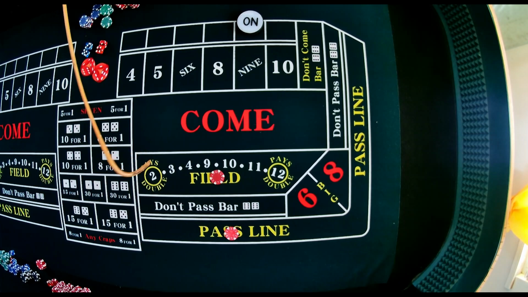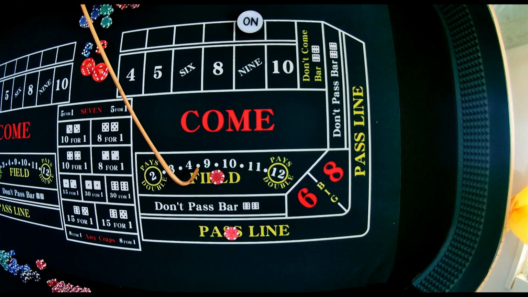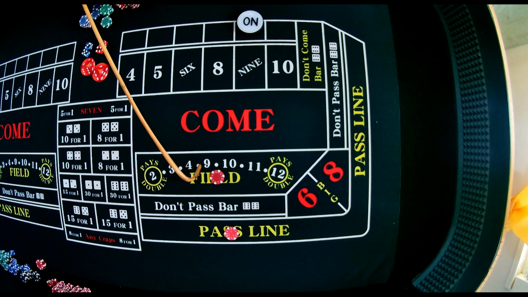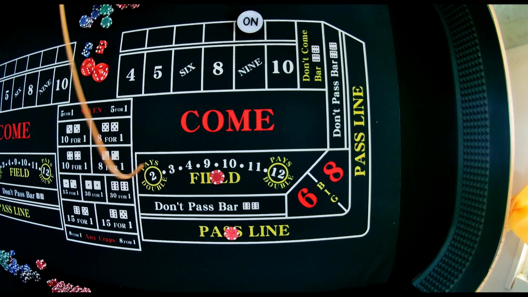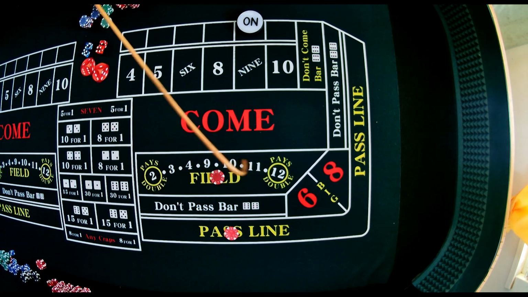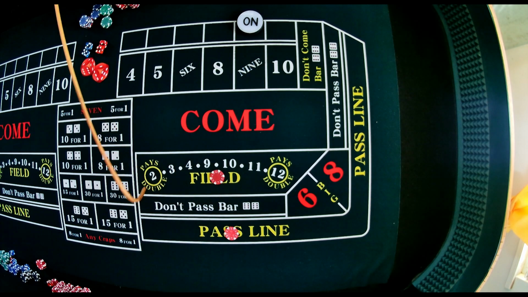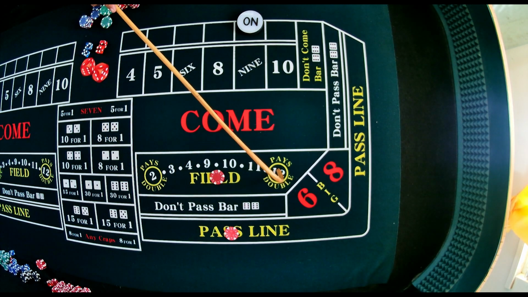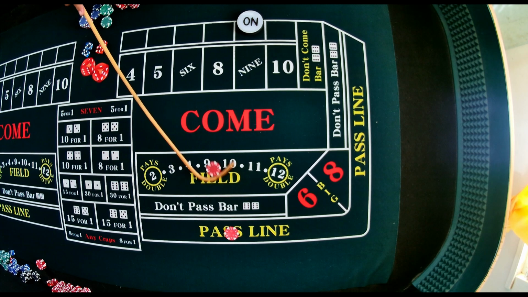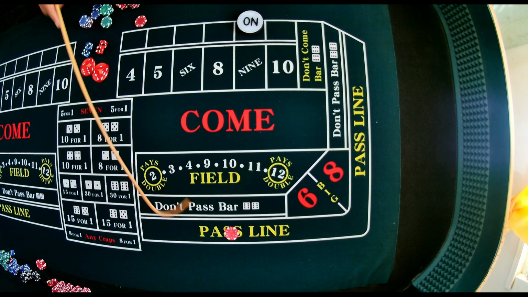If the number that comes up, like a 5 is not there, or the 8 is not there, the 6 is not there, if those numbers do not come up, then you don't win. If the number is listed, you do win. If this is a 2 or a 12 that gets rolled, you win double. So that's very straightforward, very easy bet.